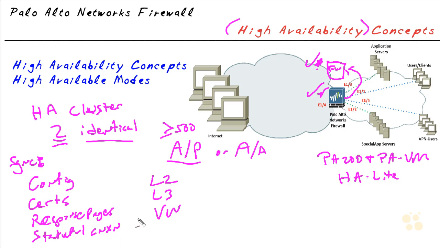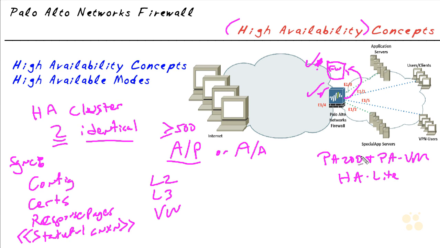And HA Lite does not have the connection synchronization. It's a little bit different in there. It's basically active-passive, but without the session synchronization. So definitely on the smaller, the branch firewalls or the lower-end firewalls, there will be some packet loss, and there will be reset connections when you fail over.